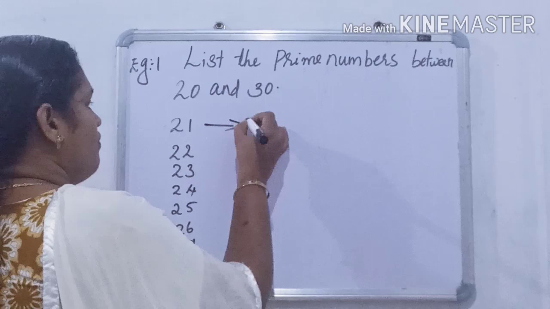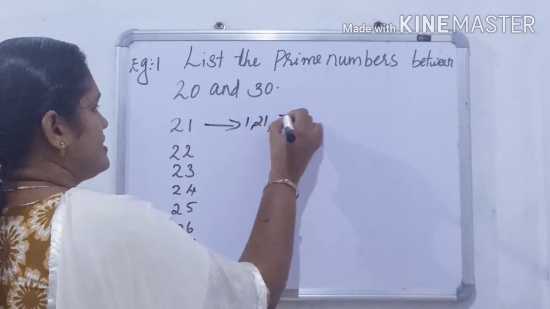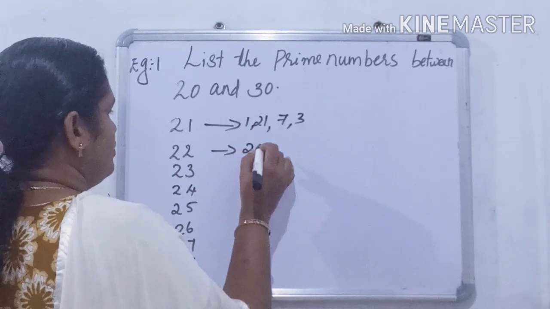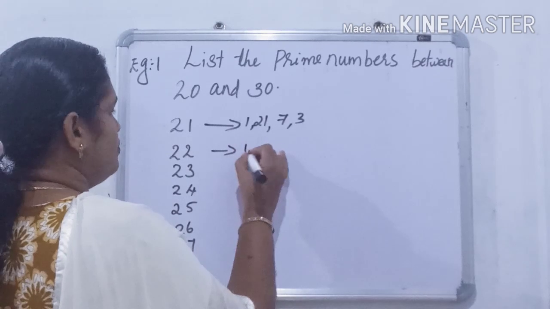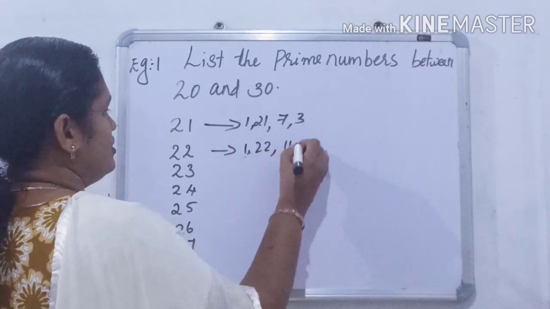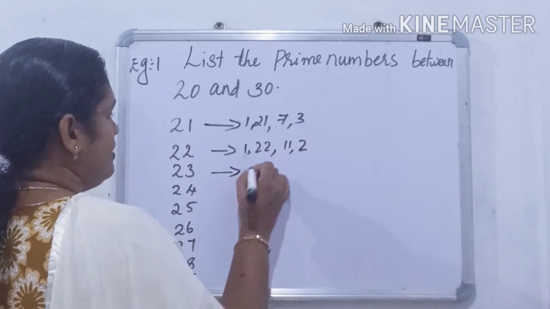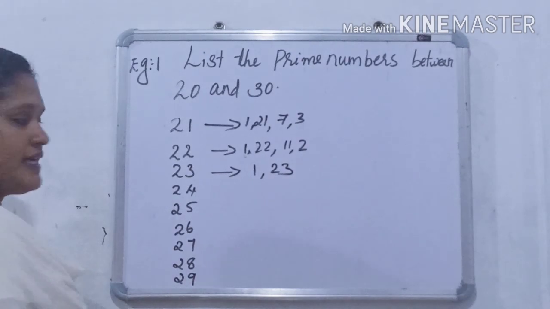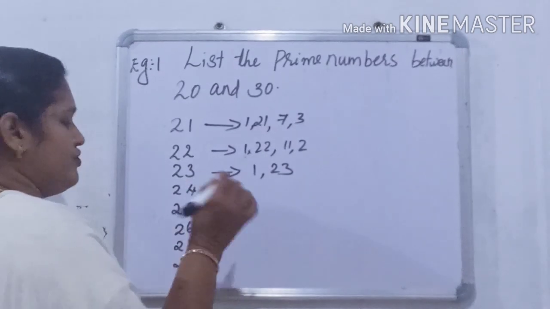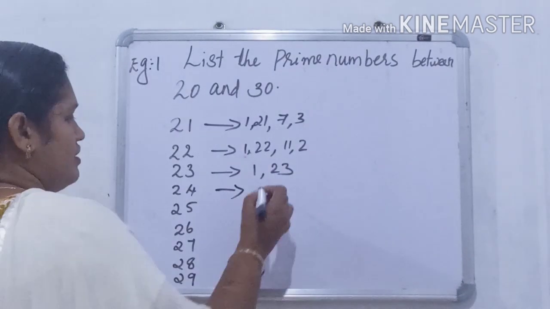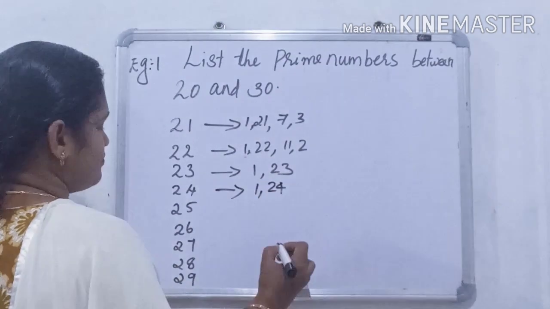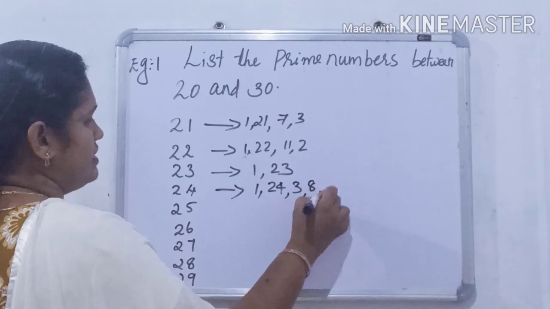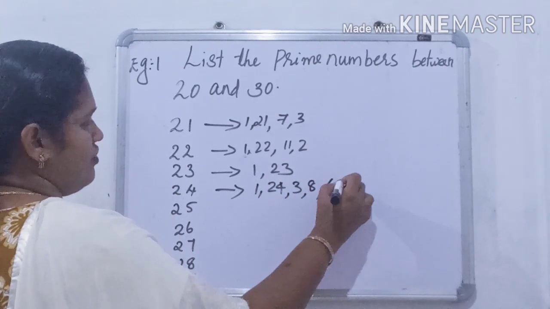Factors of 21: 1, 21, 7, 3. 22: 1, 22, 11, 2. 23: 1, 23. Is there any other factor for 23? No, only two factors. 24: 1, 24, 3 8s, 6, 4.